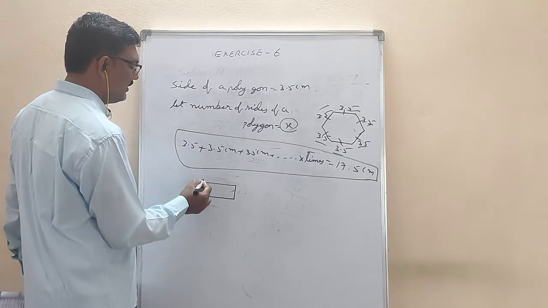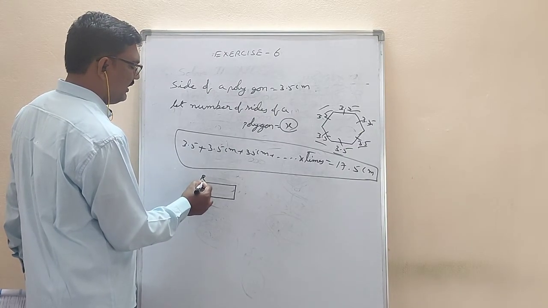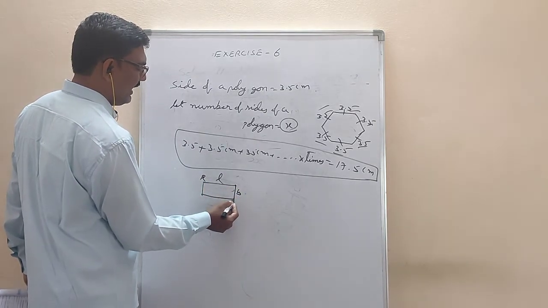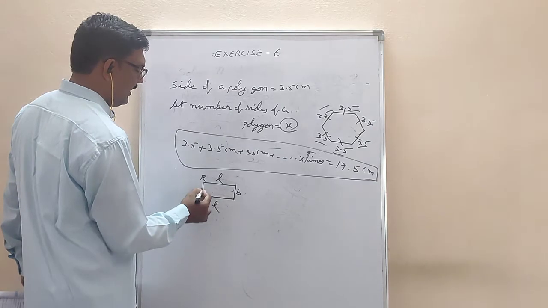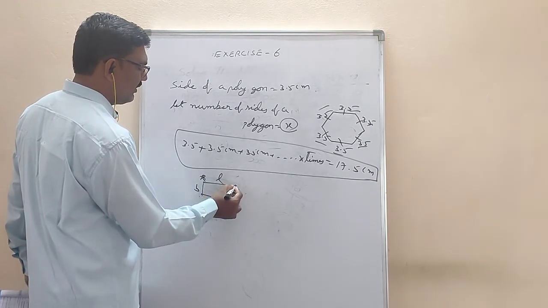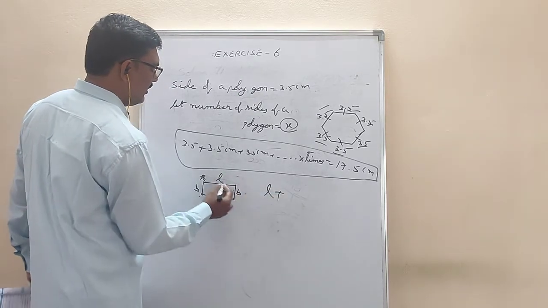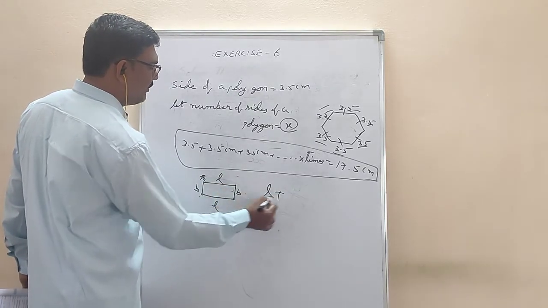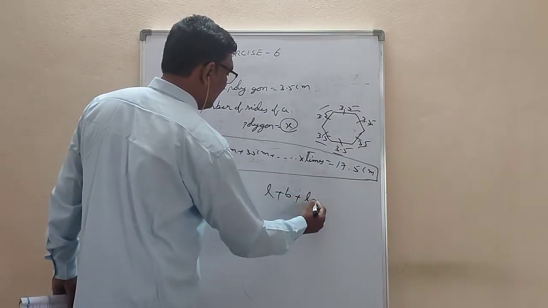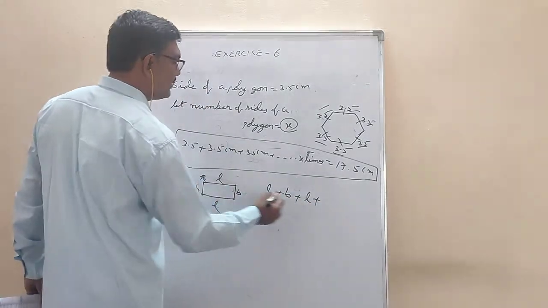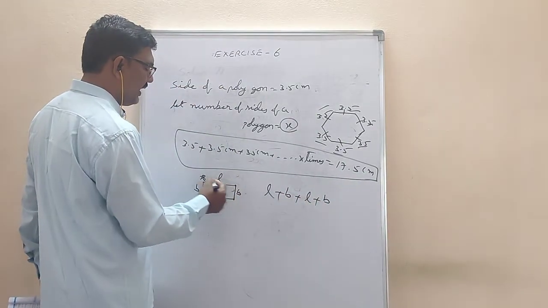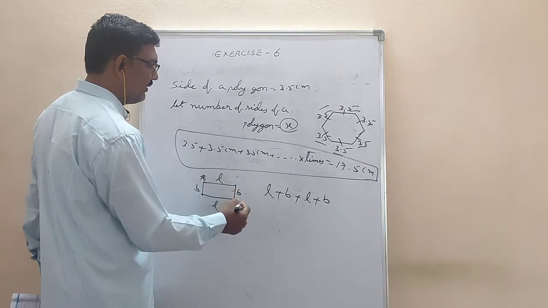Perimeter means you measure from here to here, which is the length L, then here to here, the breadth B, again L, again B. One complete round, you measured the entire rectangle.